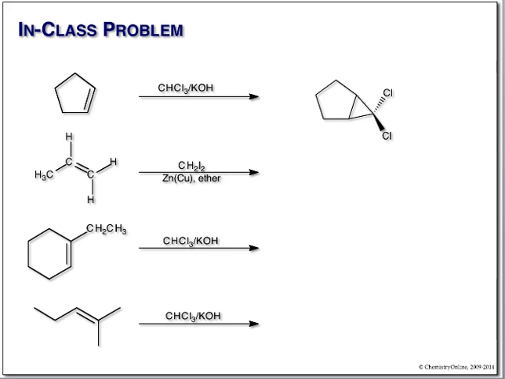Diiodomethane, zinc, copper, ether. We know that this is going to give us CH2, carbene itself. It's simply going to add to our double bond here and make this cyclopropane. Dichlorocarbene again.